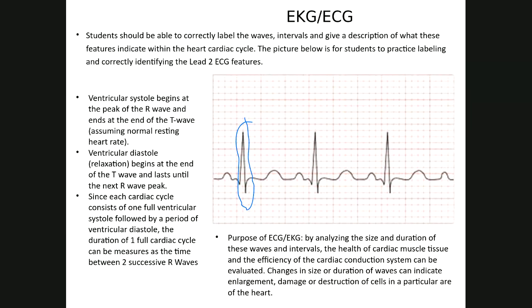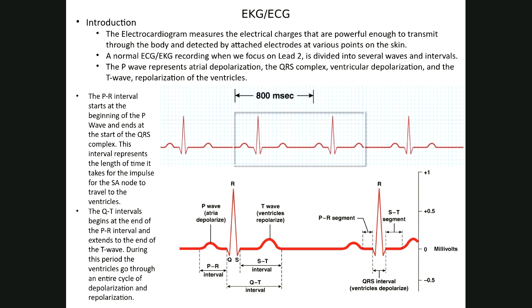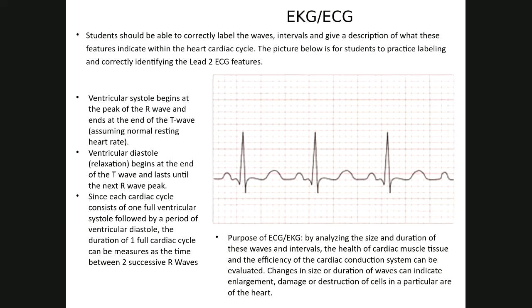So I could ask you those types of questions related to that. And then, another, like highlight this one. What is this waveform? And you'd say T wave. What's the significance? That's the repolarization of the ventricles, etc. So all that information is in the lab for you to be able to identify those. But again, this slide here really summarizes nicely all the different waveforms and their significance going forward.